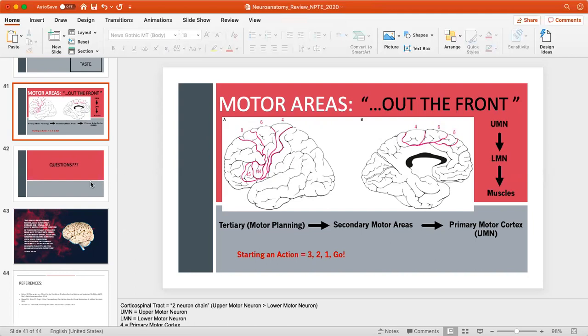So that's kind of a quick and dirty review of neuroanatomy, some of the organization of our nervous system. And I really hope that you took away from that a little bit of a better understanding of these foundational building blocks.